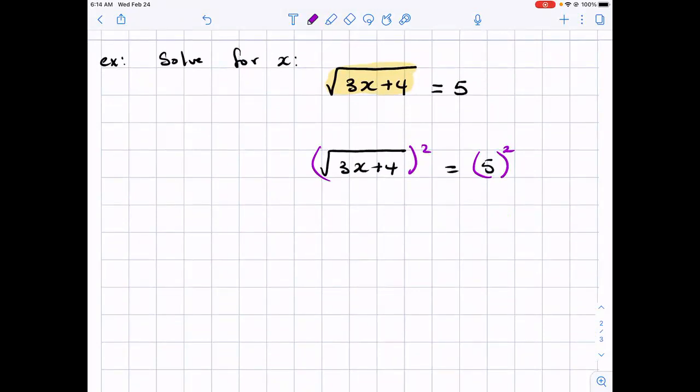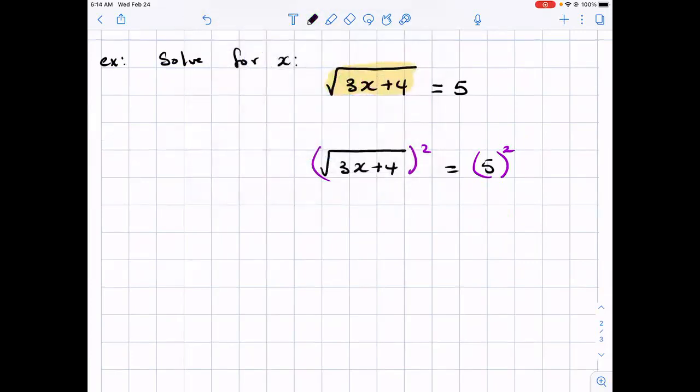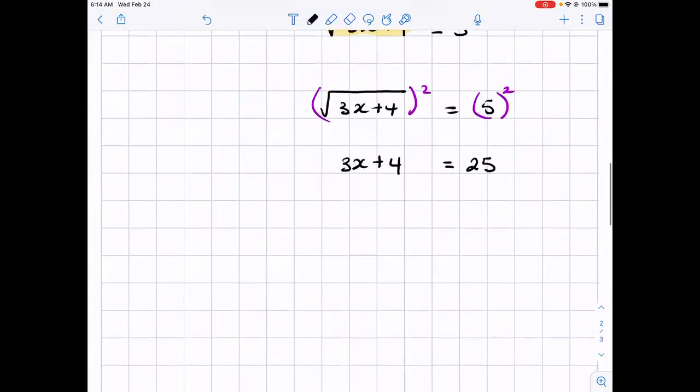Now we have seen that the square cancels the square root. So we're left with 3x plus 4, and that is equal to 5 squared, which means 5 times 5, which is 25. And now we have an equation we can solve for x.